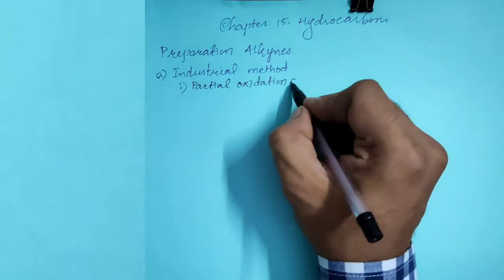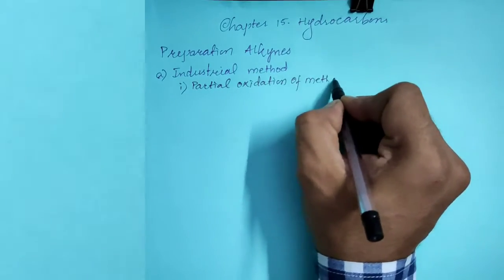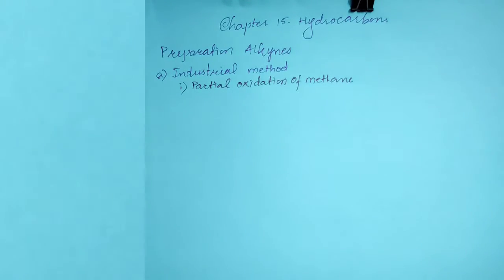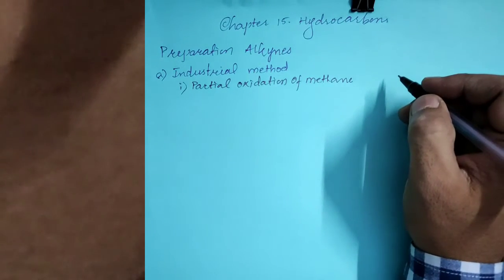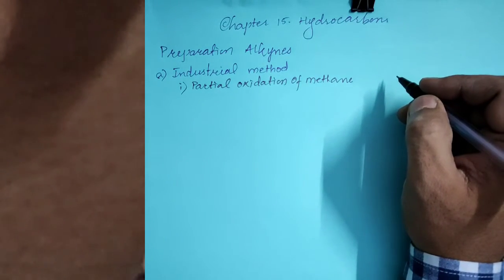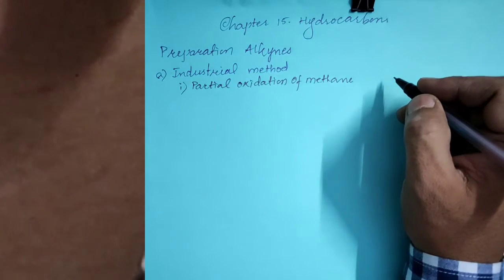Partial oxidation of methane is also said to be a controlled high temperature reaction. Controlled high temperature partial oxidation of methane.